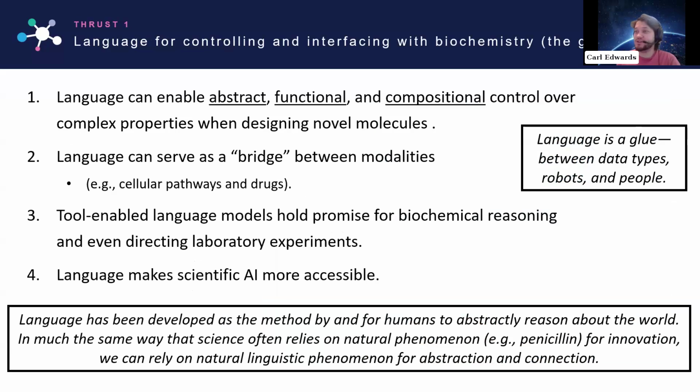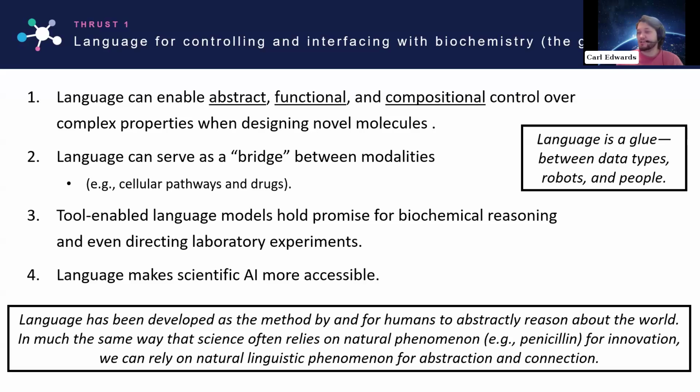And here I have a slide on that. I won't go through the points again in detail, but something I like to bring up is that humans developed language as our method to abstractly reason about the world. Science has relied on natural phenomena for a long time for innovation, whether it's the discovery of antibiotics, or looking at how birds can fly and asking how we do that, even if the way we do it is not the same.